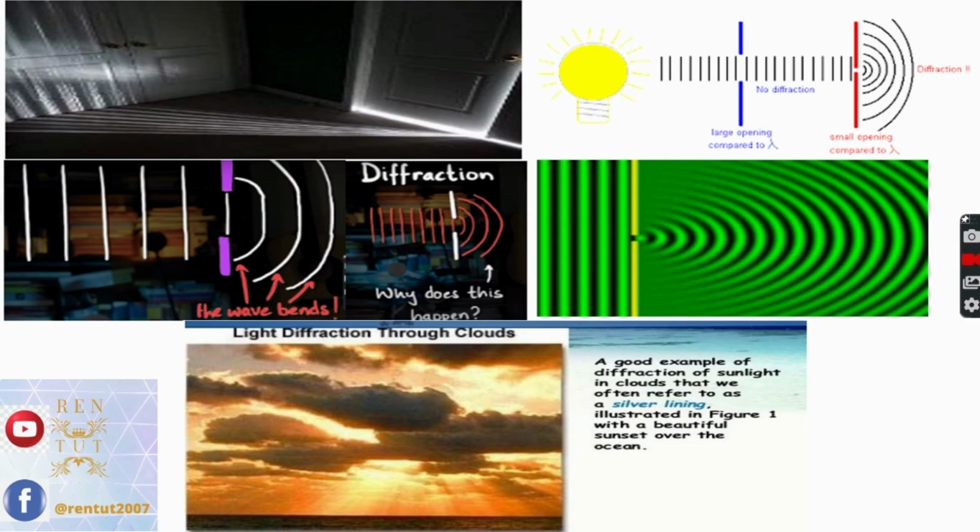Just above it, you can see a bulb emitting light. This bulb should be a monochromatic bulb. What is a monochromatic bulb? A normal light consists of many wavelengths, so a monochromatic ray of light consists of one wavelength.